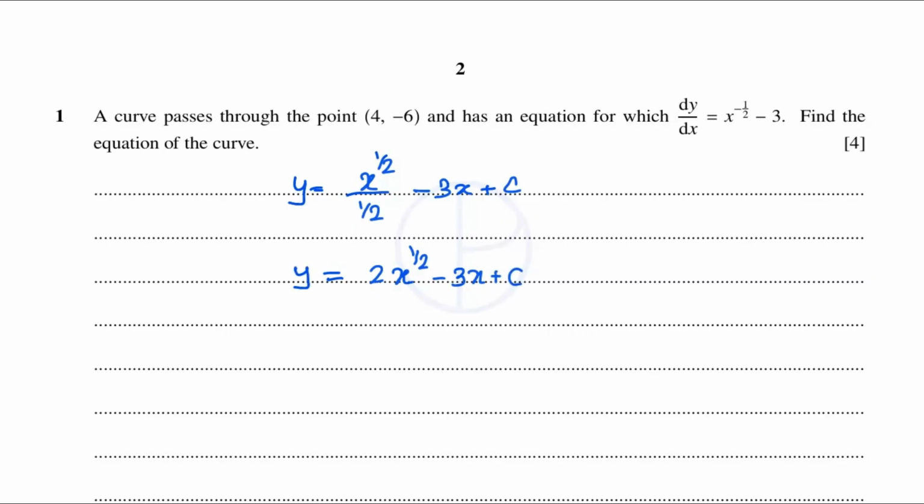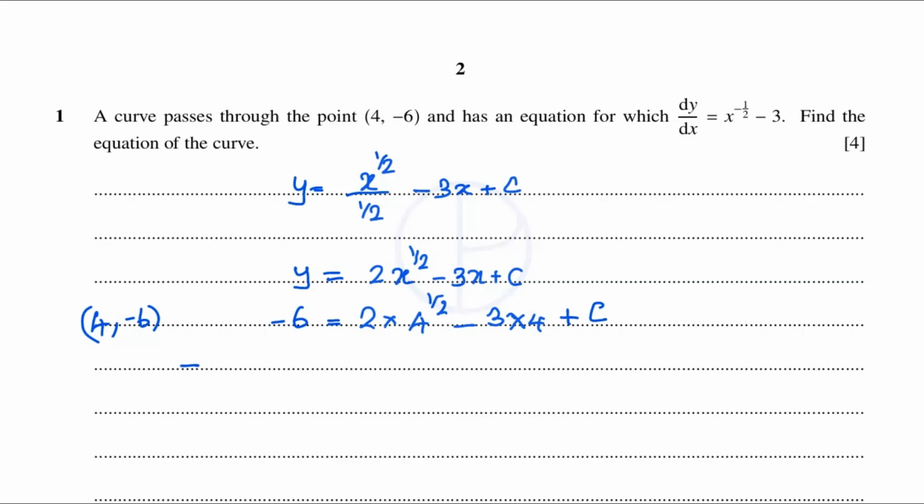Now to find the value of c, substitute the coordinate point 4, negative 6. So we get negative 6 equal to 2 times 4 power 1 over 2 minus 3 times 4 plus c.